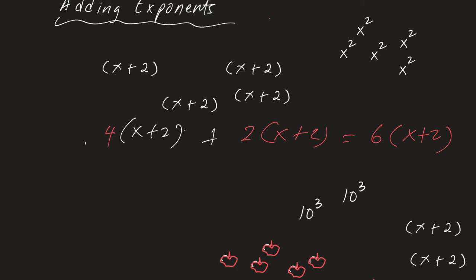So to sum it up, in adding exponents, the identity must be the same. You can subtract as well. It still works for subtraction like regular numbers.